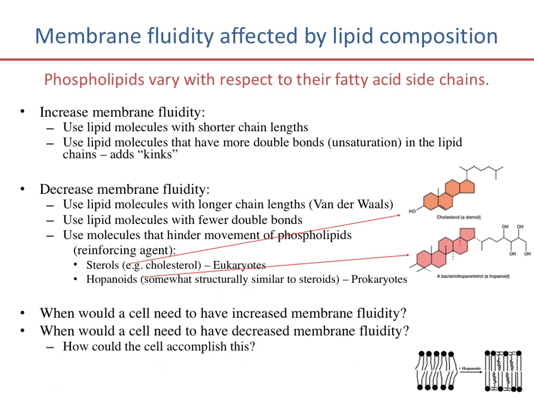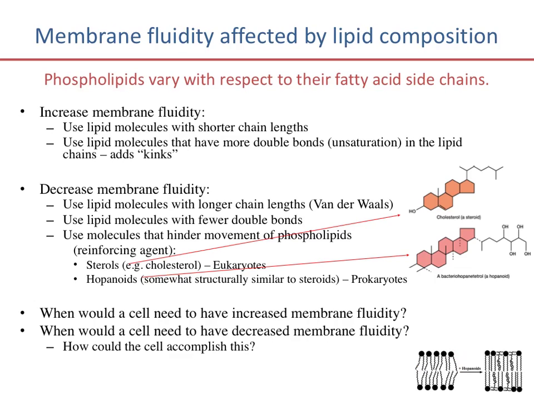I like this little picture at the bottom right-hand corner of the screen, because it shows the difference between what a fluid membrane looks like and a rigid membrane looks like. Here is an example of a fluid membrane, and you can see here it's diagrammed how the cis double bonds make kinks in the lipid chain, and makes it so they aren't packed as tightly together.